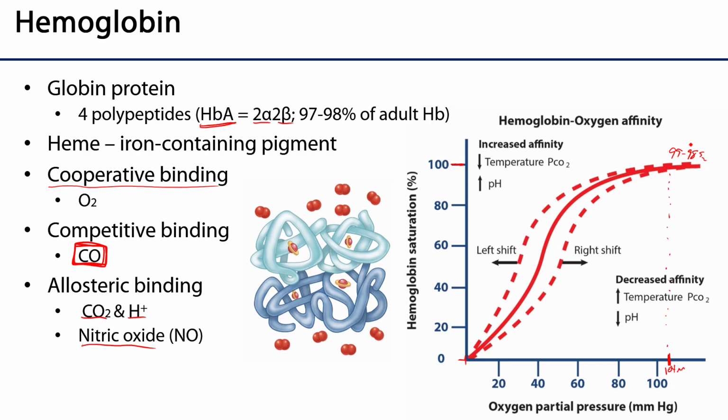This would be what we would see in the capillaries and the pulmonary arteries of the lungs. So this is very richly saturated hemoglobin, very, very high. We can probably go down to about 40, I'm sorry, 40 millimeters of mercury.